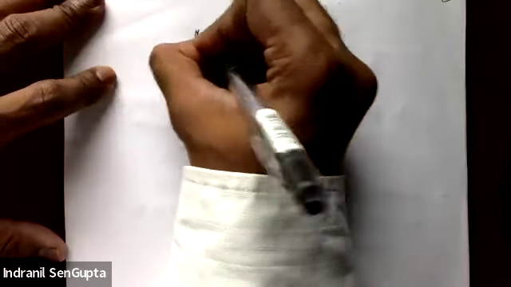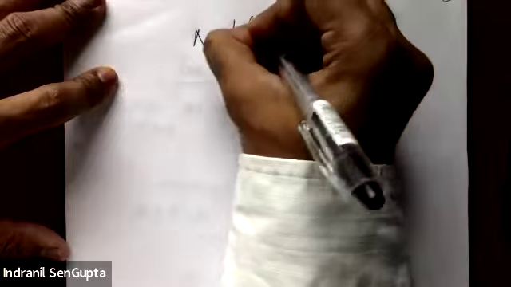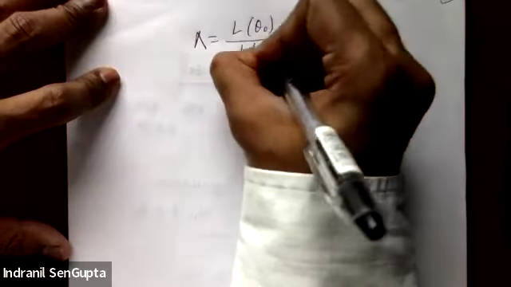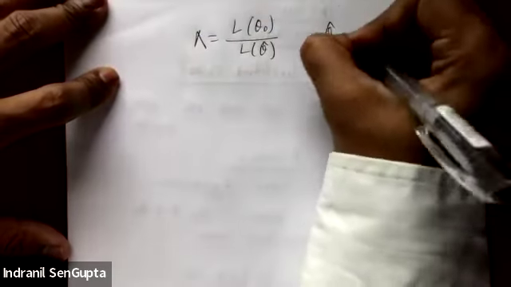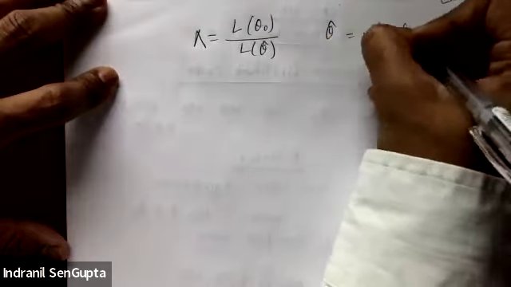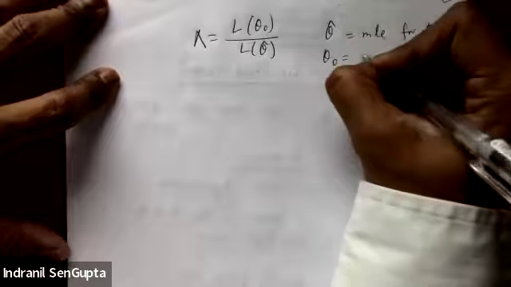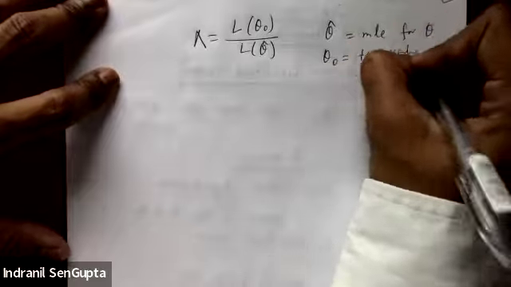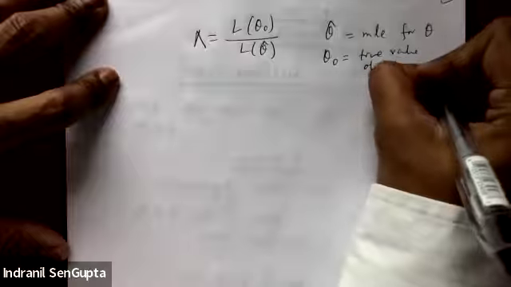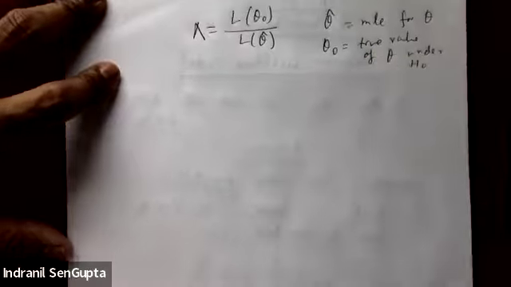Let me just write lambda one more time: L of theta 0 over L of theta hat. So theta hat is the MLE for theta, and theta 0 is the true value of theta under H0.